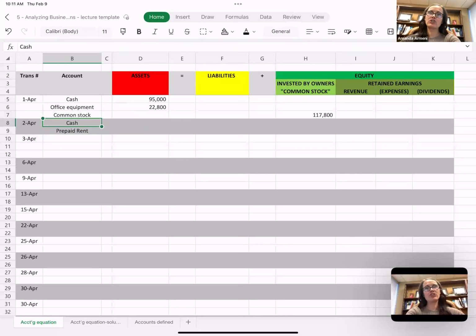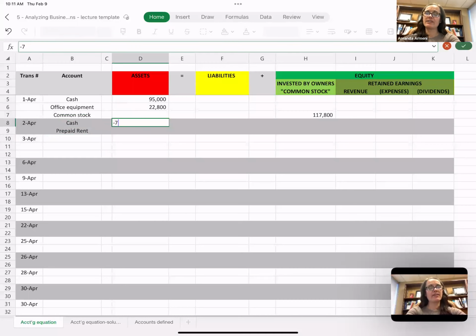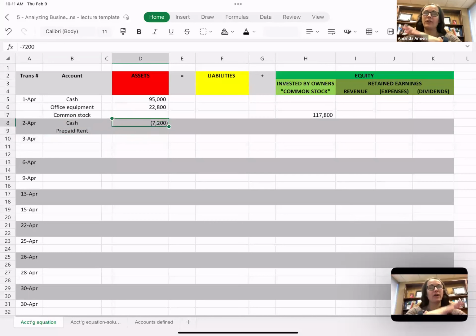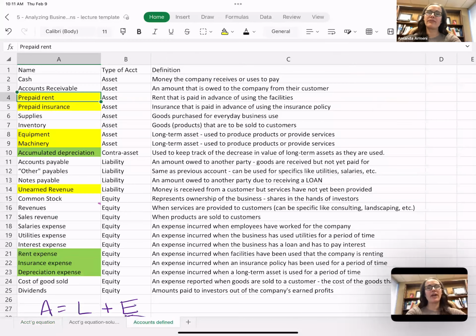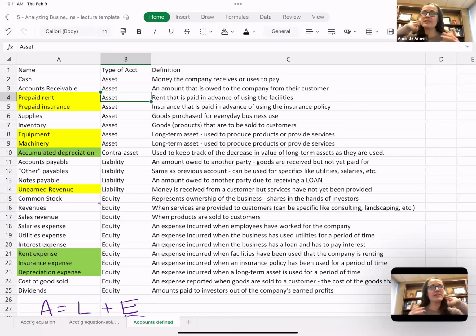So in my accounting equation template, I'm going to include cash and prepaid rent as my 2 account names. Cash, we know, is an asset, and because we are paying cash, we're going to see a negative $7,200. Then prepaid rent. If I use my accounts defined tab, prepaid rent is an asset, but let's understand why it's an asset.